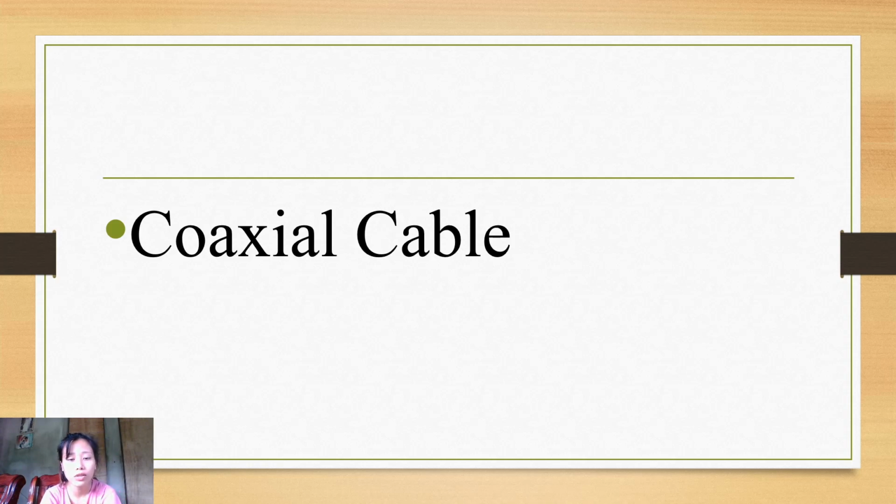The coaxial cable consists of a copper conductor used to transmit the electronic signal and a layer of flexible plastic insulation surrounding the copper conductor. The insulating material is surrounded by a woven copper braid or metallic foil that acts as the second wire in the circuit and as a shield for the inner conductor. The last one is that the entire cable is covered with a cable jacket to prevent minor physical damage.